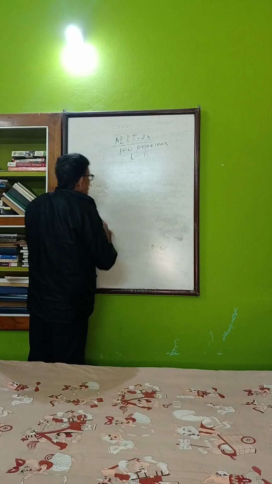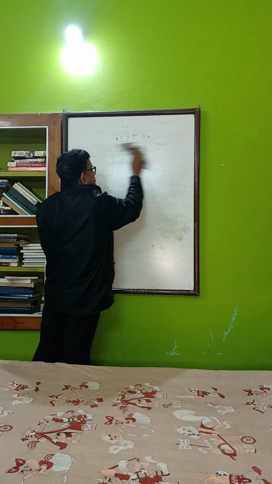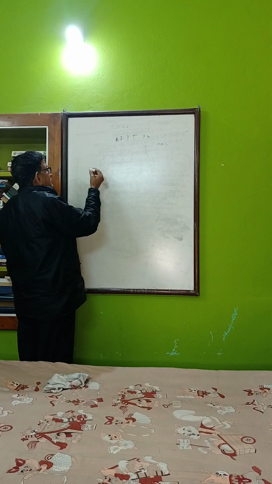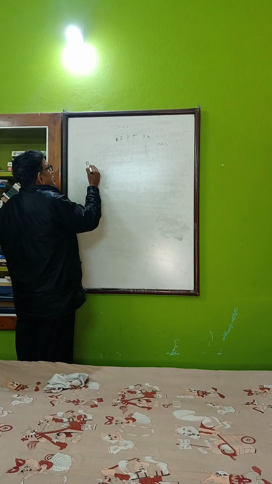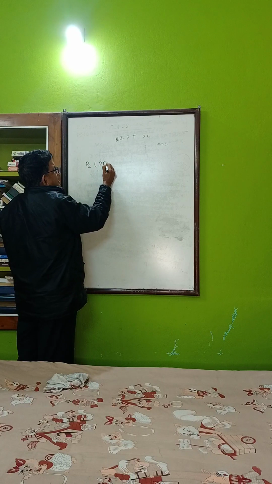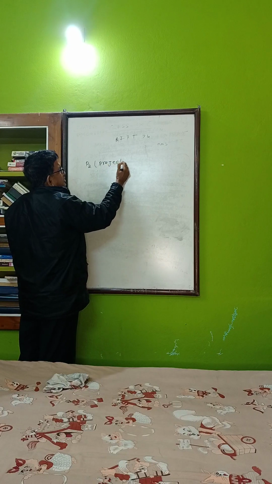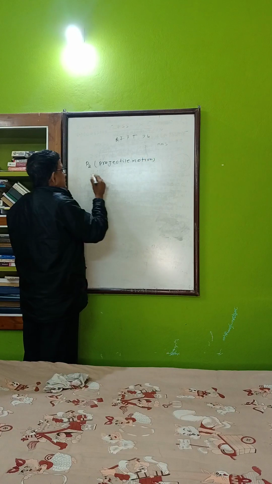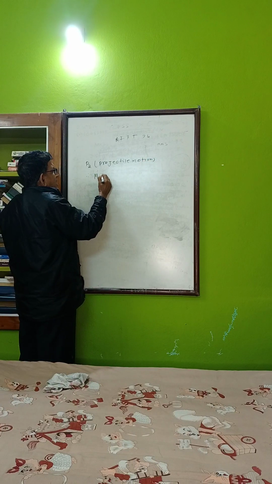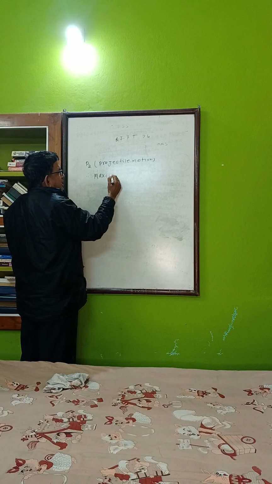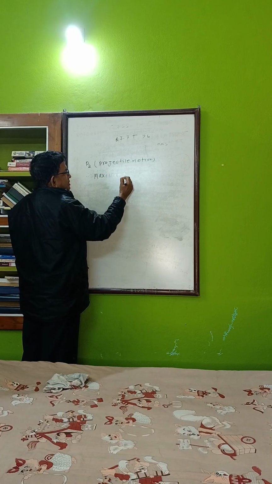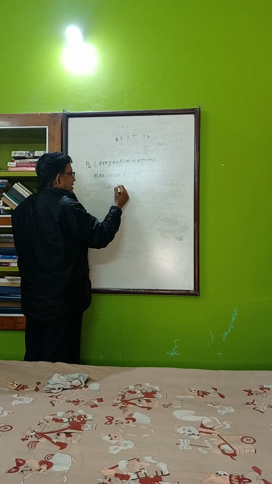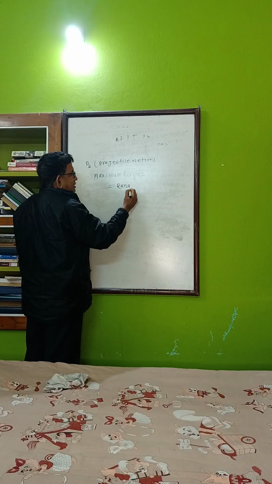Now another problem on projectile motion. What is the problem? Problem 2. Projectile motion, where it is given maximum height equal to total range of the projectile.